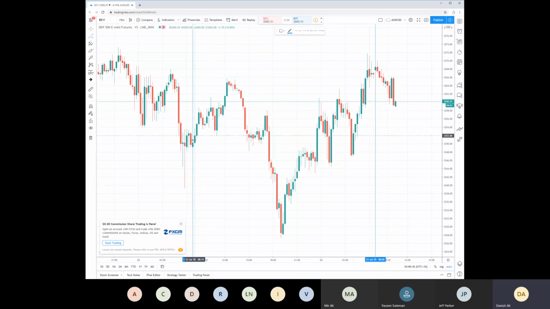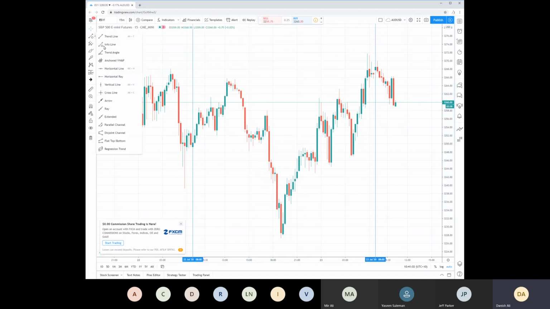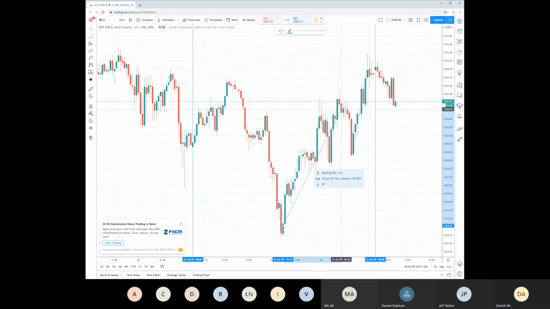And how so? Well, if you just see here, there is a 0.43% increment. Or if you go from this top to this bottom, and I'm not even catching the exact bottom, it's 1.2% down. And similarly, on the way back up, now we go all the way to the top.